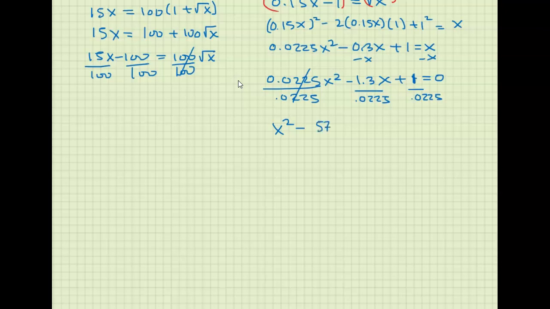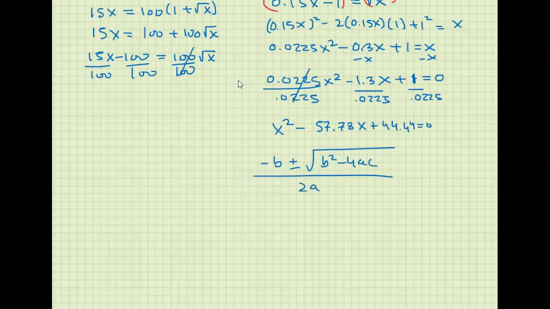We get x squared minus 57.78x plus 44.44, which is 1 divided by 0.0225. Arguably, I don't know if they're better. All right, the quadratic formula says negative b plus or minus the square root of b squared minus 4ac, divided by 2a.